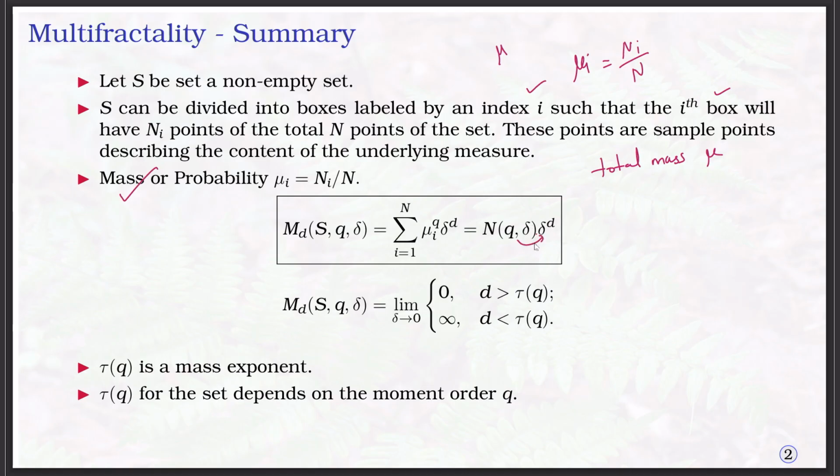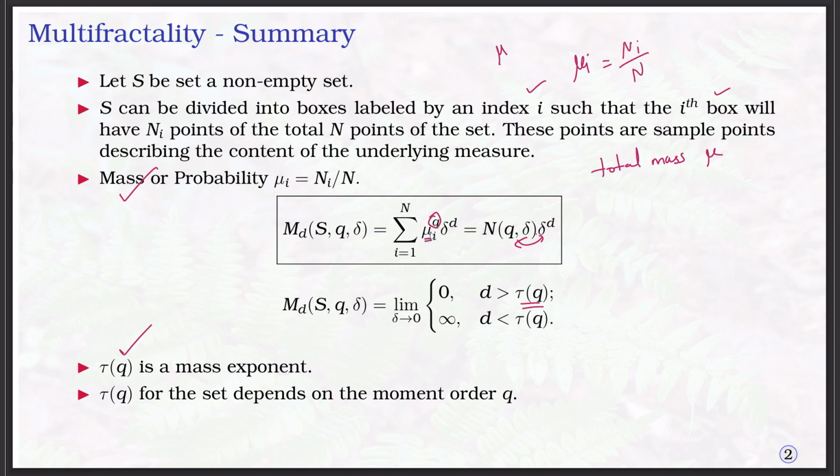You can take the product of this term, then we will get this one. So, this has some exponent where this measure falls from infinity to 0. That critical point we can call the mass exponent.